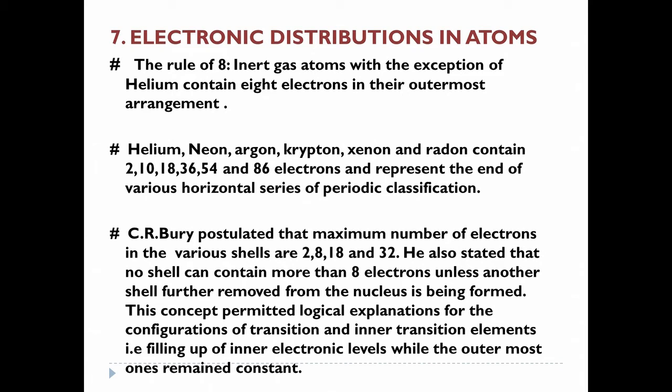This concept permitted a logical explanation for the configuration of the transition and inner transition elements. If you study the periodic table, you will see that many of these penetrating orbitals will be there, and they all go to the added electron with increasing atomic number.